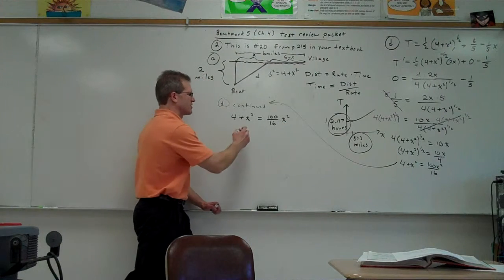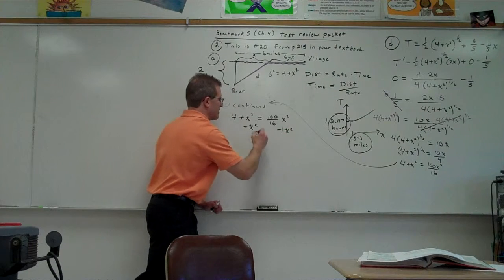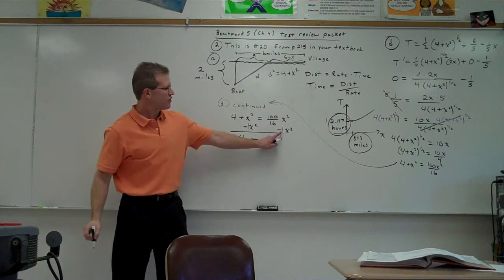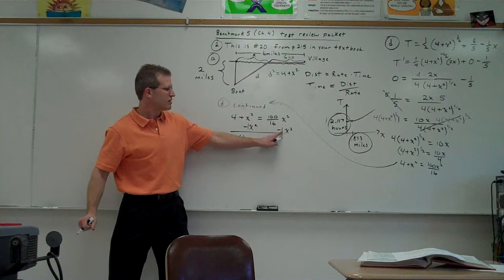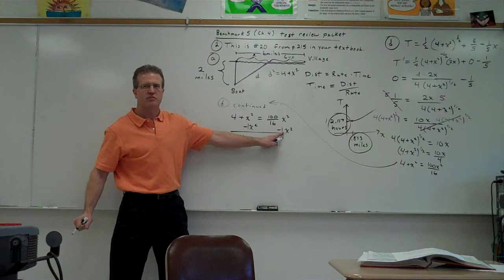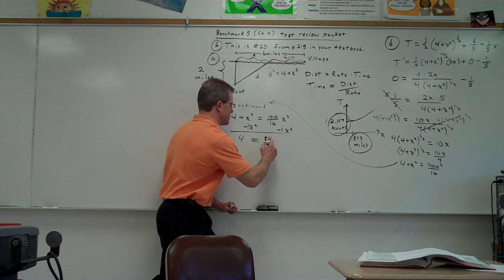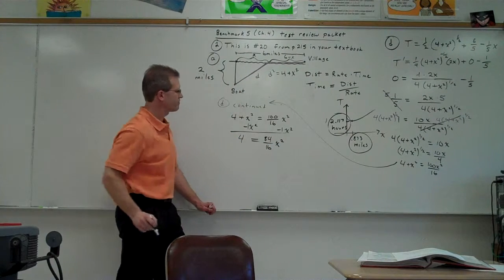Let's subtract x squared off both sides. So I'm subtracting 1x squared off both sides. Gives me a 4 over here. 1 is the same as 16/16. So what's 100/16 minus 16/16? 84/16. You get 84/16 times x squared.